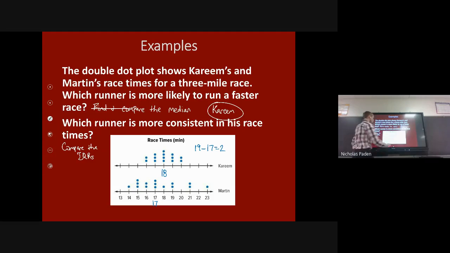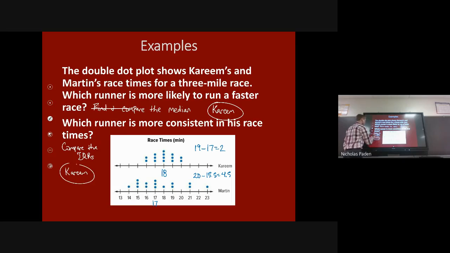For Martin, it would be 20 minus 15 and a half. I might be a little off, but it's either going to be 4 or 4.5. And that's obviously going to show us that Martin's IQR is going to be higher. So Kareem is also more consistent.